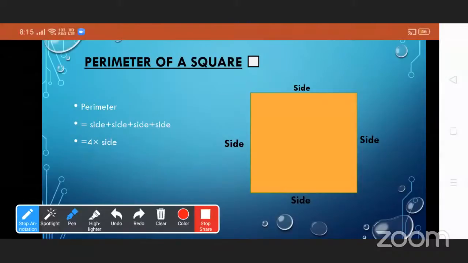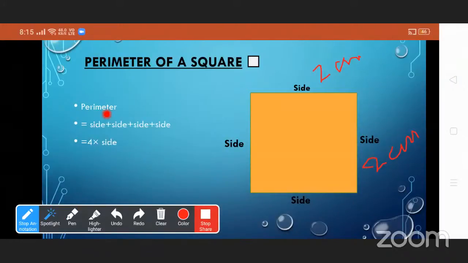If one side is 2 centimeters, what is the other side? 2 centimeters. Means all the sides are equal. So see here, 2 centimeter. The perimeter of the square is 8 centimeters.